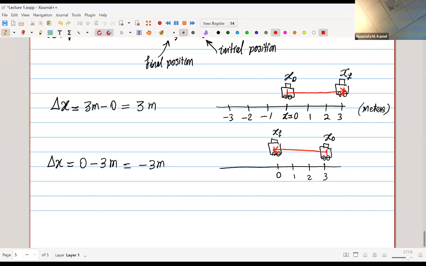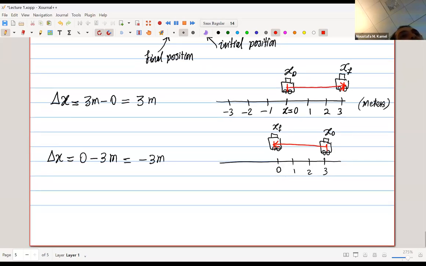In one case, the motion was to the right, and in the other case, the motion was to the left. And that's what makes a quantity not just a scalar, but a vector, because a vector is a quantity that has both size and direction, right? So displacement is a vector, and in more than one dimension, it will be pointing at an angle and so forth, but we will just be focusing on one dimension. So it's either to the right or to the left.